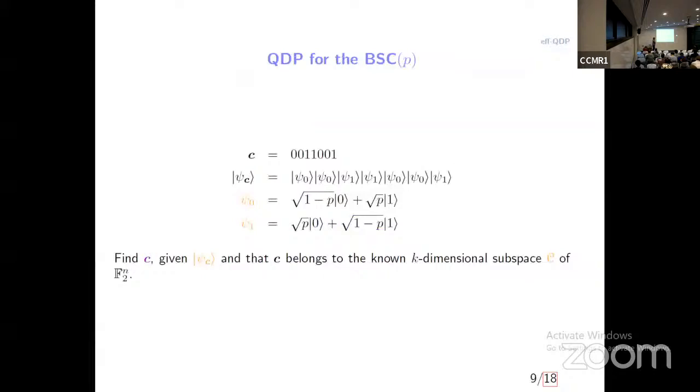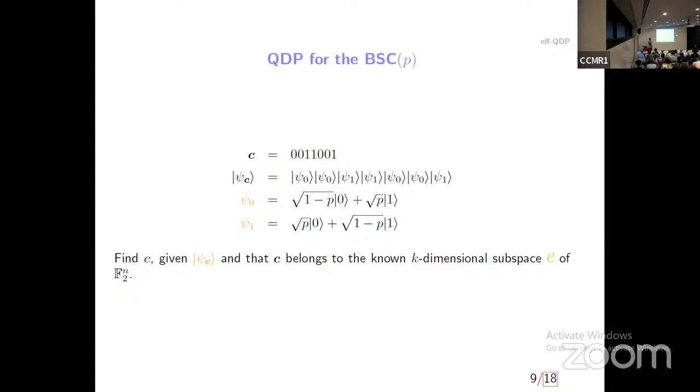If the code word is something like this, it's easy to see that at the other side, this quantum superposition is a tensor product of either psi 0 where you have a 0 here, or psi 1 where you have a 1 here. So you have this tensor product of psi 0 and psi 1.